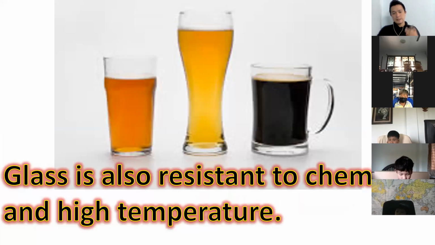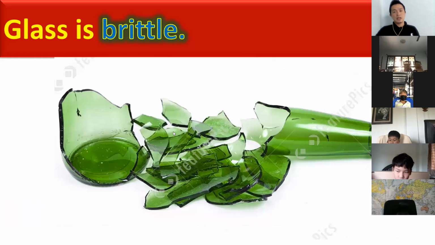This is a good example of an object you can use if you drink water or juices. Also, glass is brittle. Brittle means it's easy to be broken.